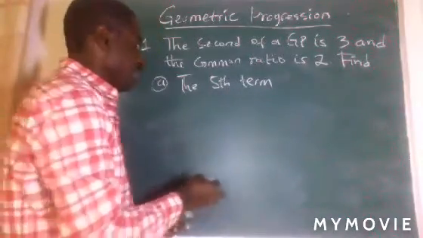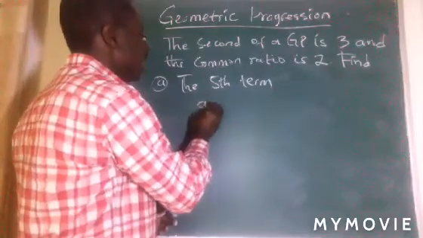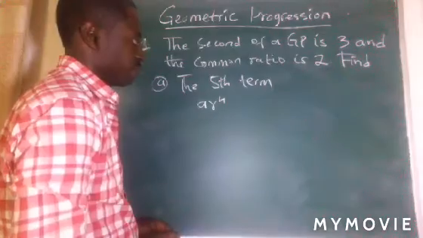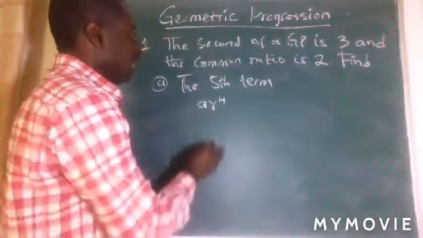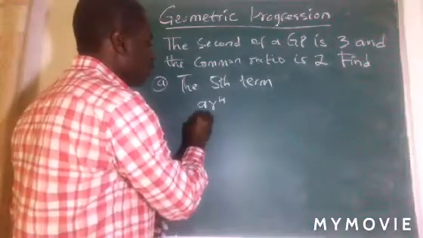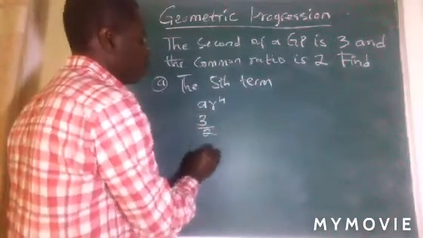By the general formula, the 5th term is given as ar^4. Now we have known the first term as what? 3 over 2.